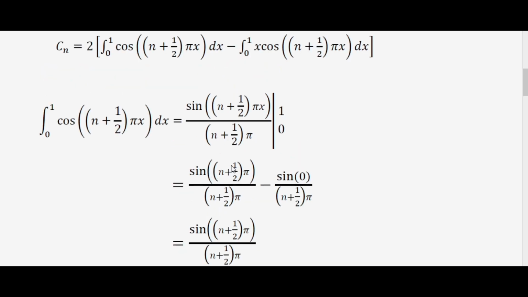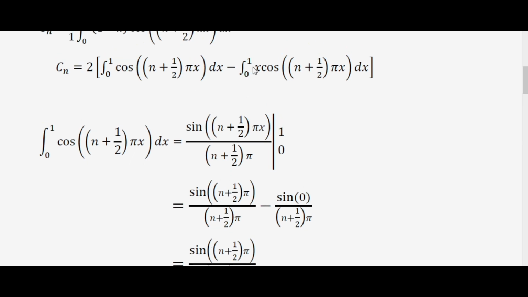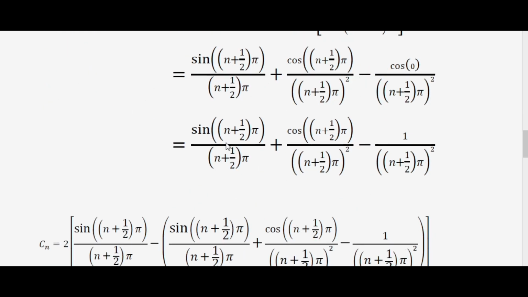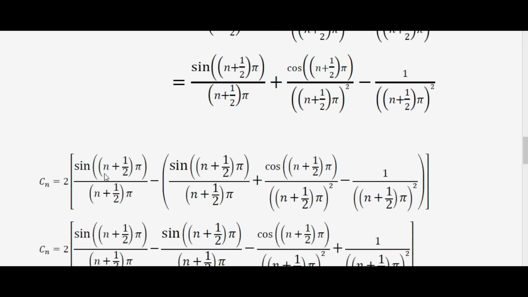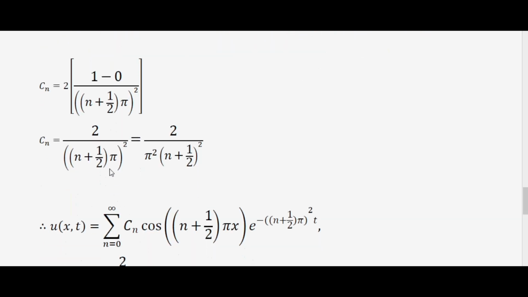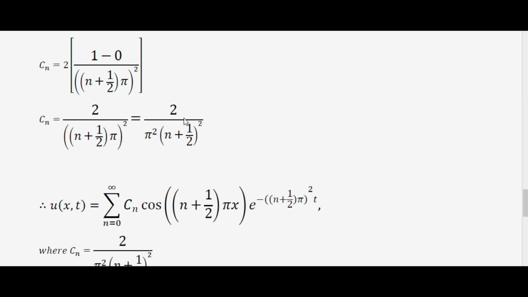And for the integration of the other term, we got this one. Okay, next we combine both solutions into the previous formula for cn, and then we got the solution for cn, which is 2/(π²(n + 1/2)²).